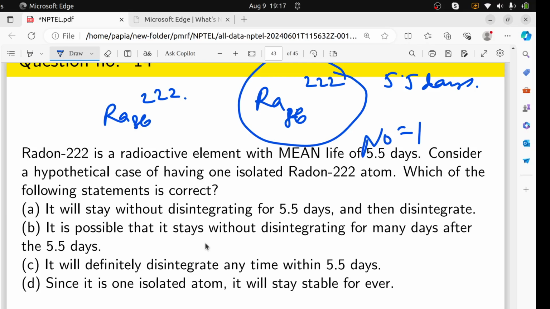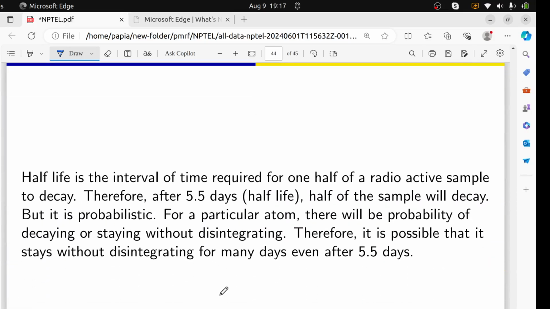So all the options are based on the meaning of mean life. If you see these options carefully, all of them focus on mean life. What does it mean by mean value? Half-life is the interval of time required for 1/2 of a radioactive sample to decay. Yes, that is simple.